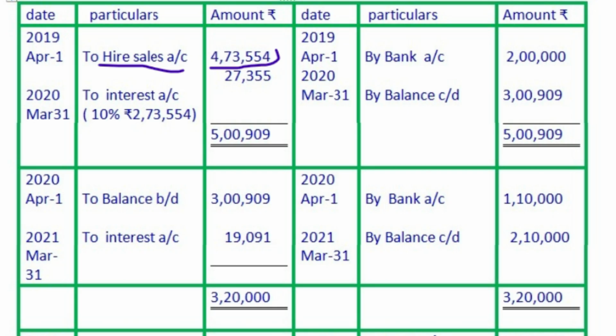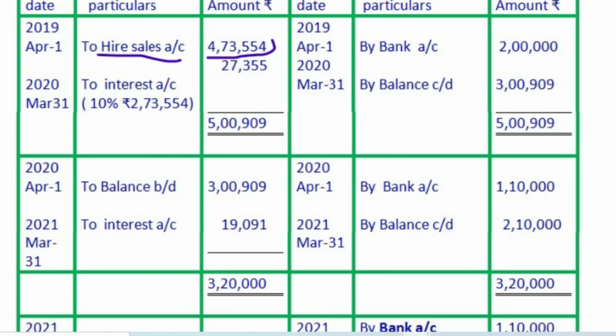The hire seller never records sale of goods as ordinary sales, since these goods are sold by him under a hire purchase agreement, and for this the term used is hire sales.